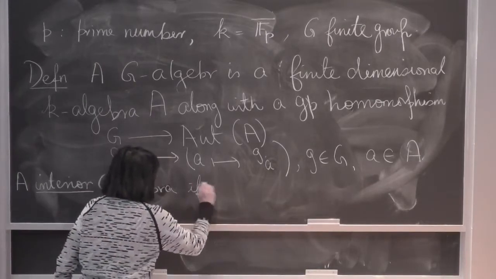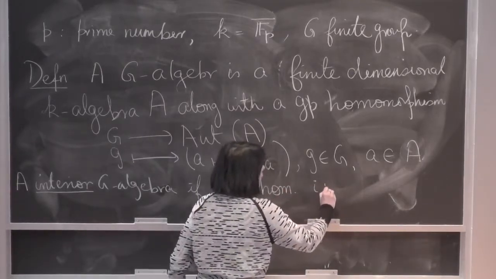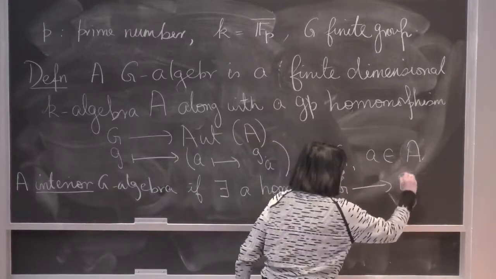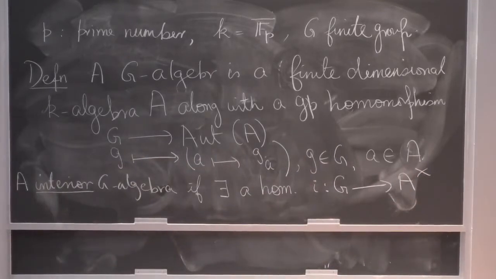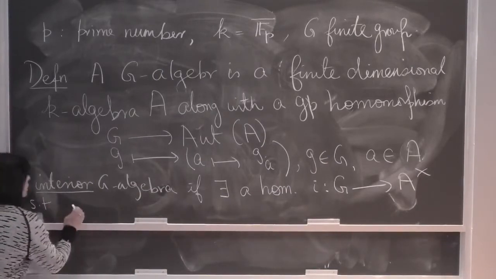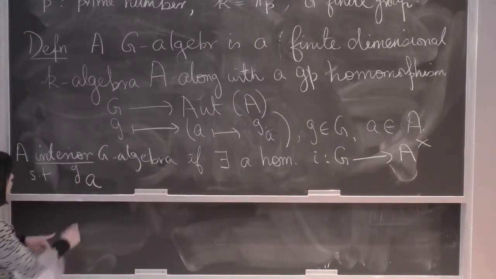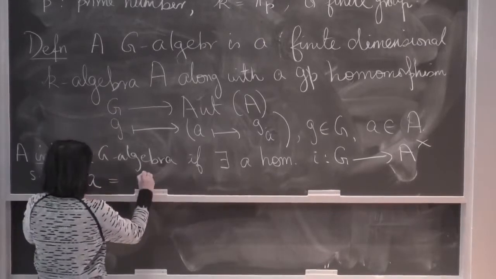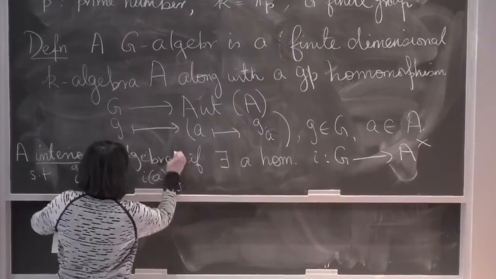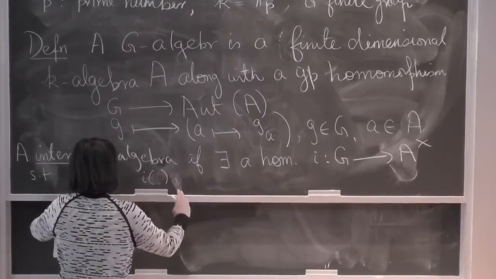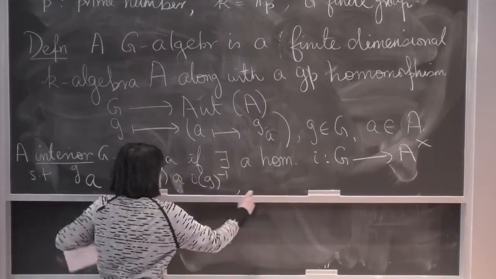So if there exists a homomorphism, let me just call it i, from G into the group of invertible elements of A, such that for any g belonging to G and any a belonging to A, the action of g on a is simply by conjugation by this element, i(g) a i(g) inverse.